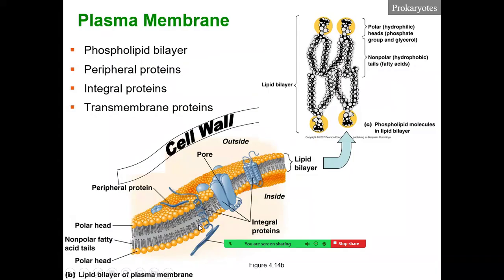They're a bilayer where the fatty acid portion of one is against the fatty acid portion of another, because these portions of phospholipid do not like to be around water or water soluble molecules. And so they come together. And then the heads face inward because they like to be around water, and the cytoplasm is mostly water. And the outside of the cell is also mostly water.